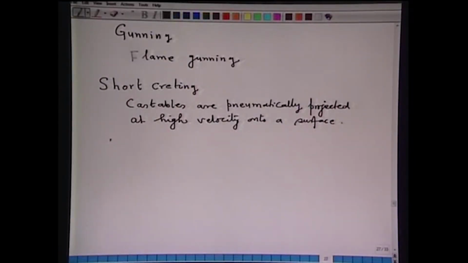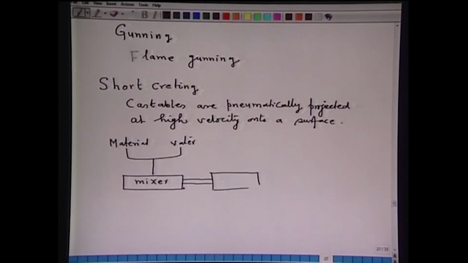So, I will just draw a flow sheet. How does it work? For example, we have a material here, put a material, some amount of water, both are mixed in the so called mixer, and this mixer is then taken to a pump, and from the pump this mixture flows through a nozzle.